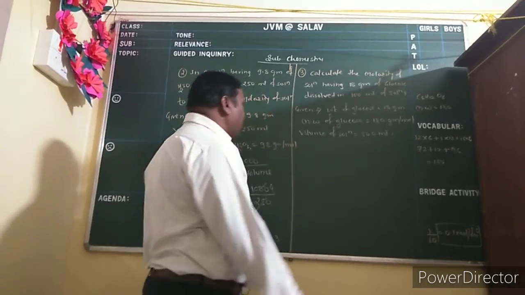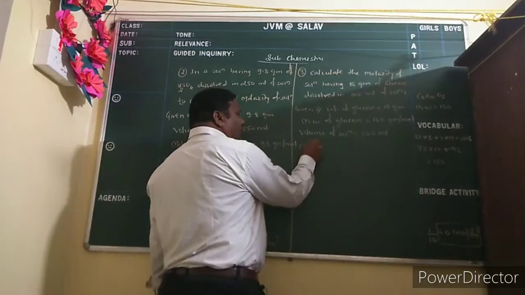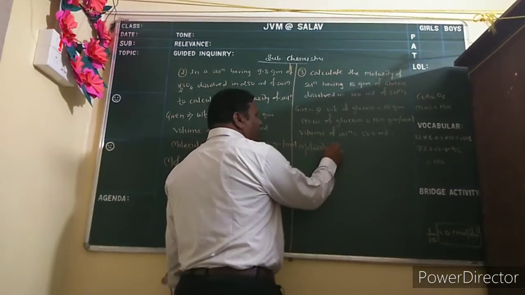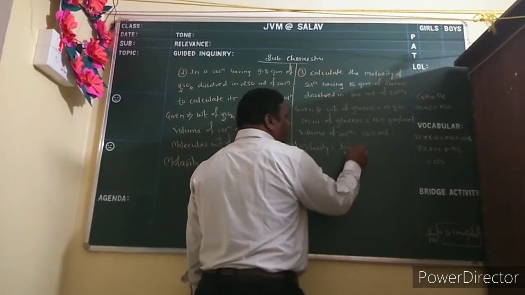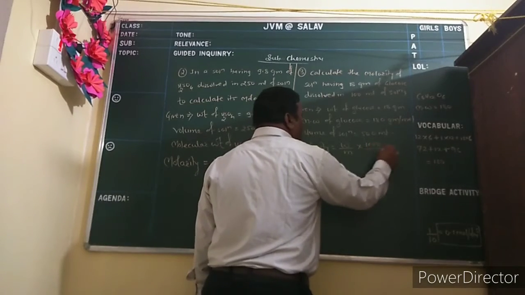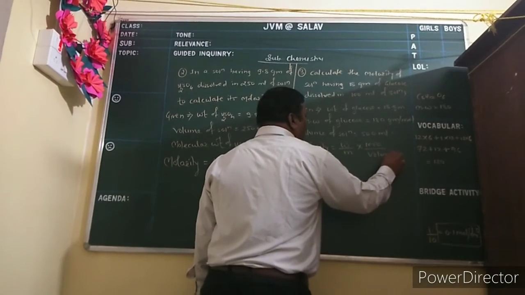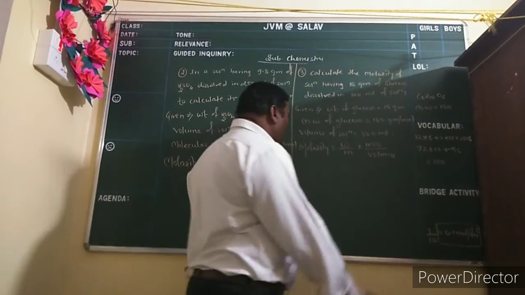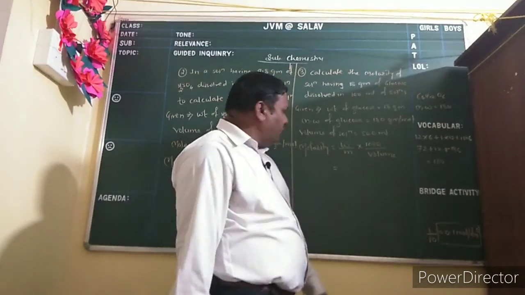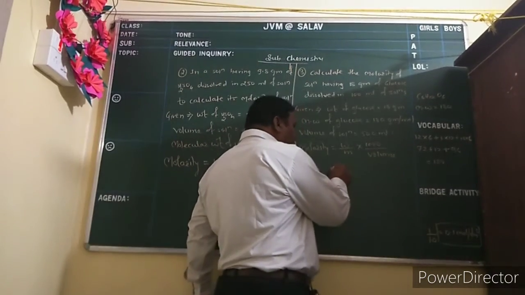Is it correct? Then put in the formula. Molarity is equal to small w upon small m into 1000 upon volume. Now put in the values.